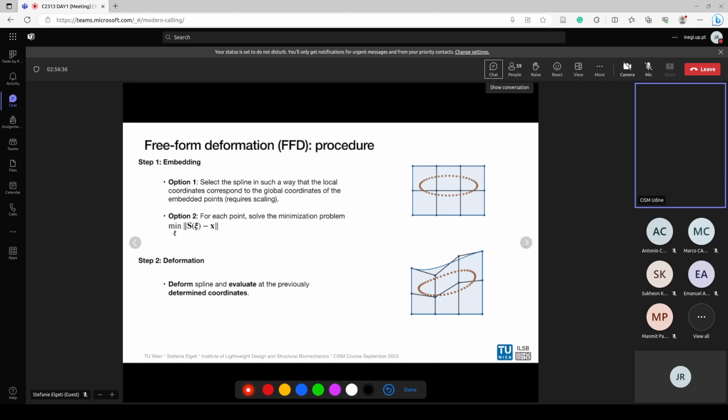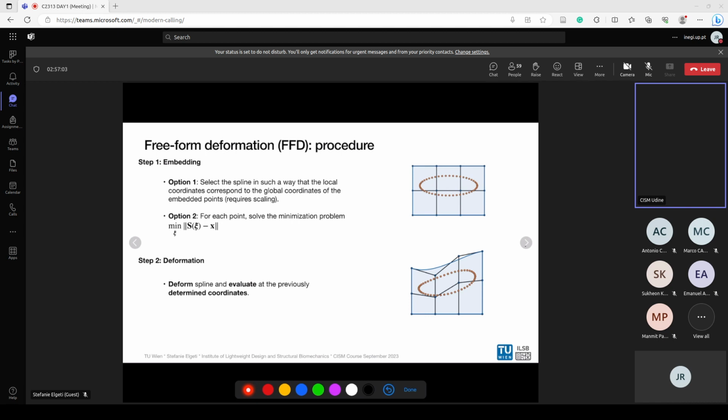If I don't want that, I want a spline that is normalized, for example, then I can solve an optimization problem. It gives me the shortest distance of one of those orange points to the point on the spline surface, and then gives me the local coordinate. In any case, what I get out of this embedding step is the connection between every point and a local coordinate on the spline.